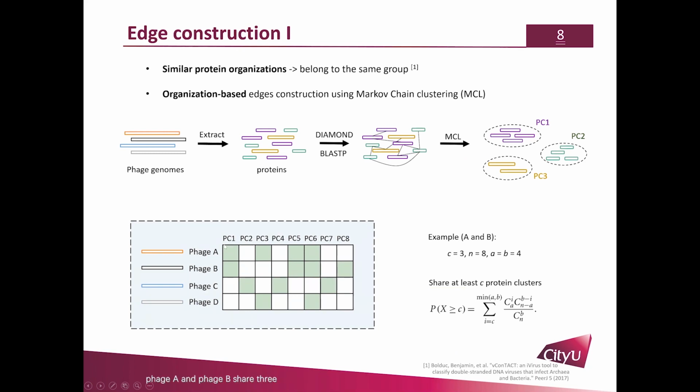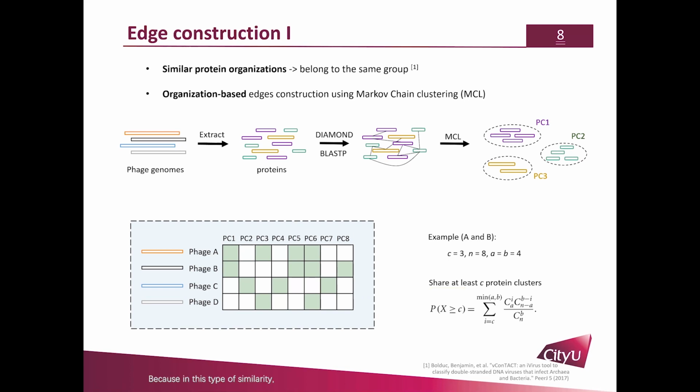Phage A and phage B share 3 different protein clusters, and the total number of the protein clusters is 8. Then we can use the equation to calculate the probability that 2 sequences share at least C common protein clusters. This equation calculates the background probability, and thus, the smaller the number, the more significant the similarity.